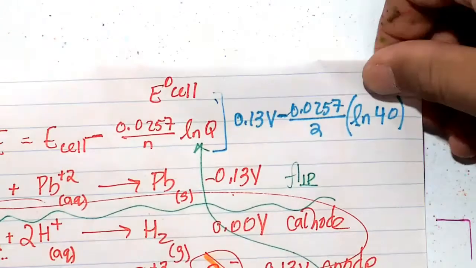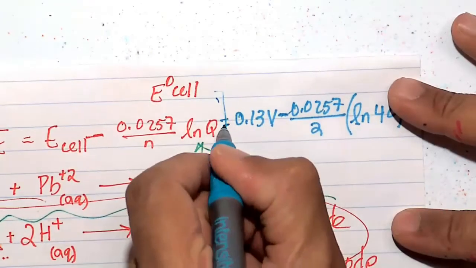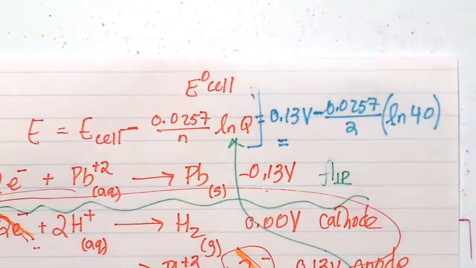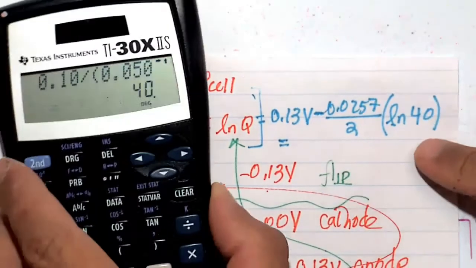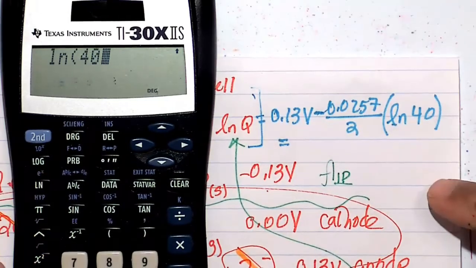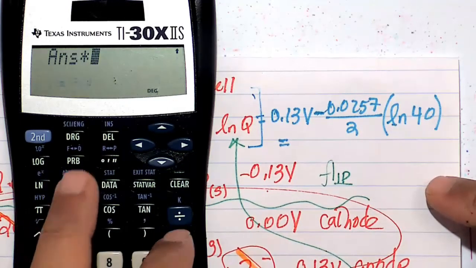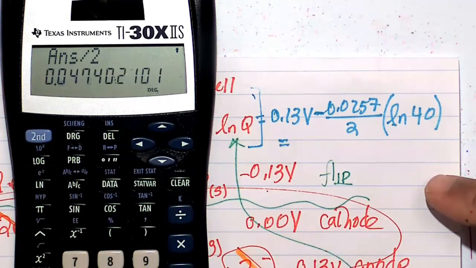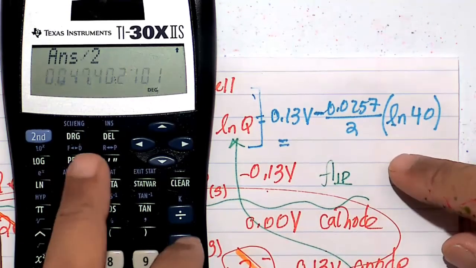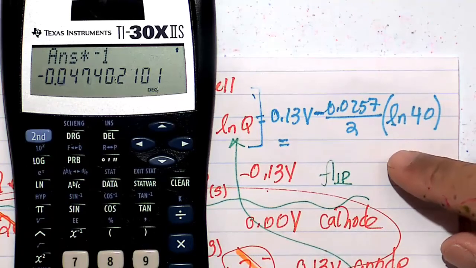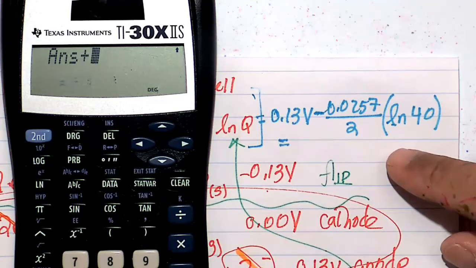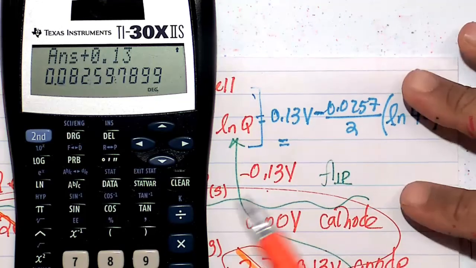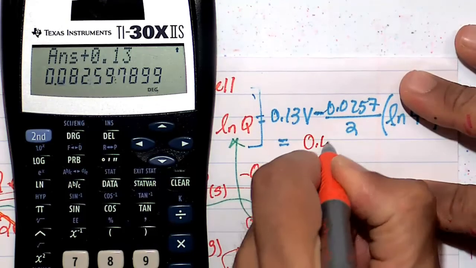That's going to equal E. We can do this in one fell swoop: natural log of 40 times 0.0257 divided by 2, and take the minus of that, and that's plus 0.13, and we get 0.083 volts.